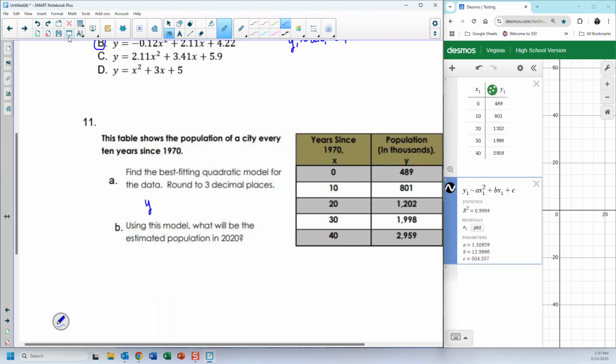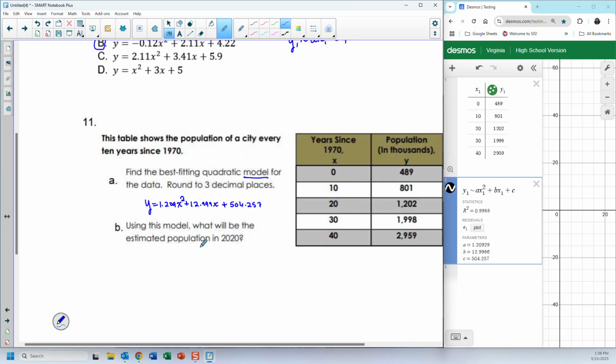So that means I'm going to take 3 numbers right here, 1.29, 209 x squared plus 12.998, but the 8 will have to go up because of the 6. 6 is higher than 5, so that's 12.999x plus c is 504. Oh, it already has 3 numbers, so I'll just leave it like that. So that's the equation. The word model just means equation.